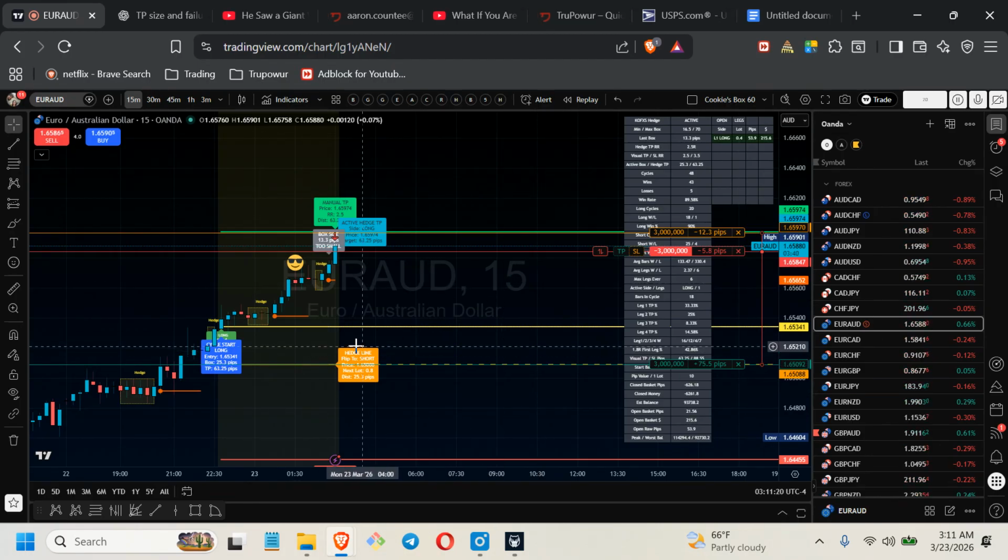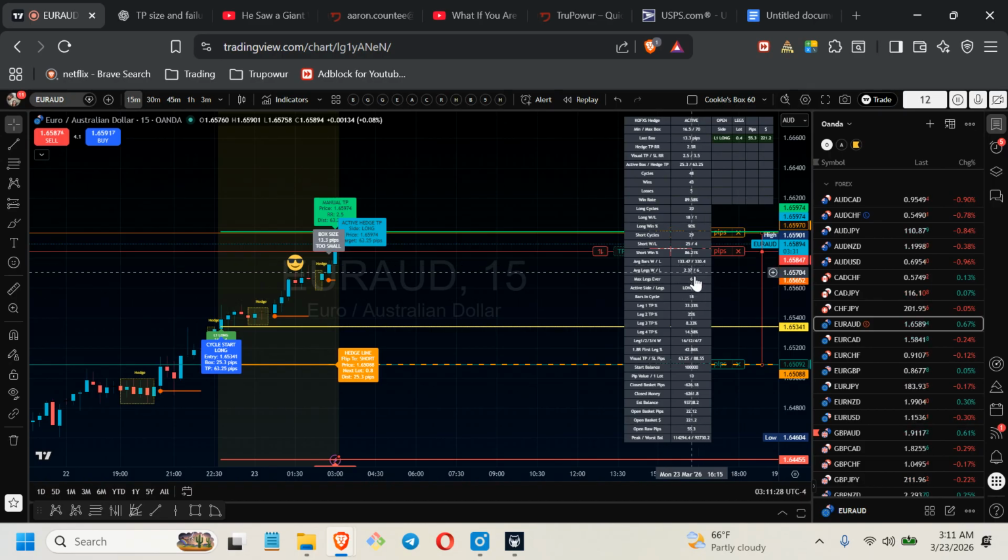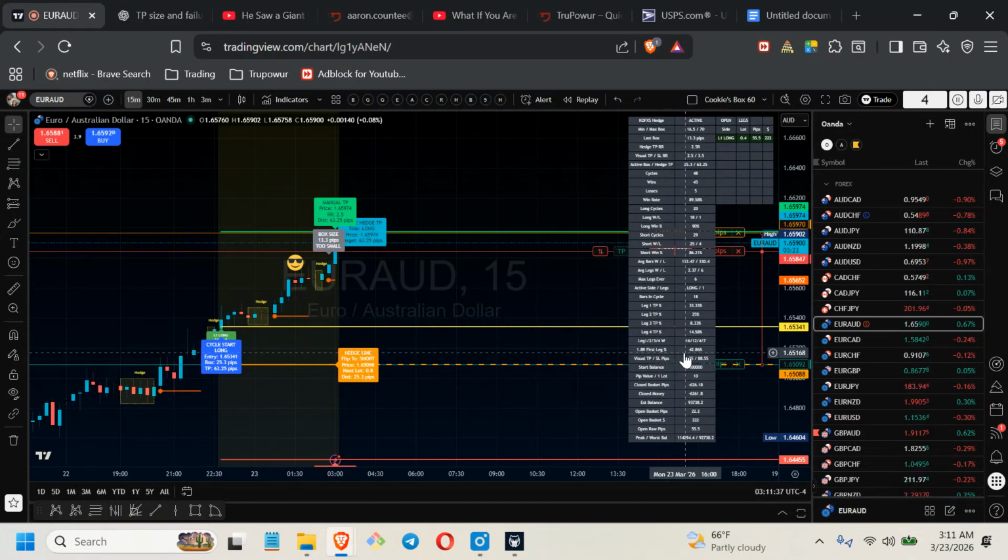At least to where it's gonna cross and cause another leg to happen. It's a 50% chance. It's like a 54, 56, 55 point something percent chance.